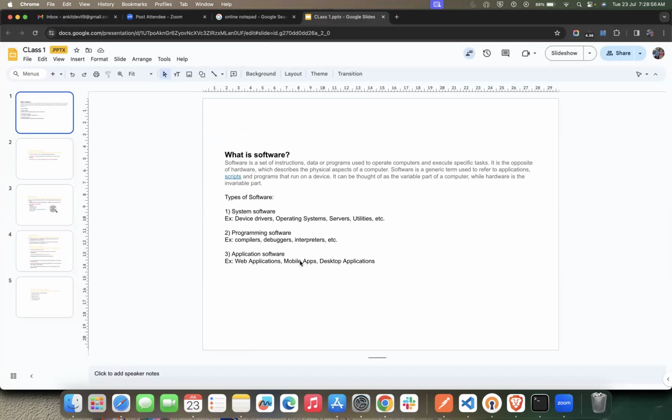Programming software is a code. We do programming through codings, and system software is when we communicate through the coding and it displays on the system.